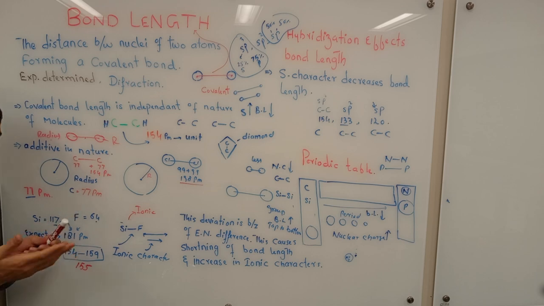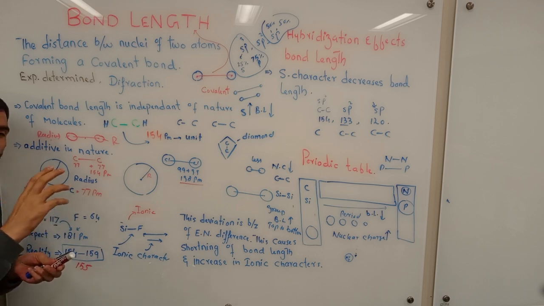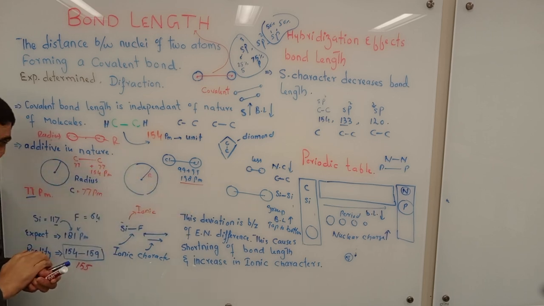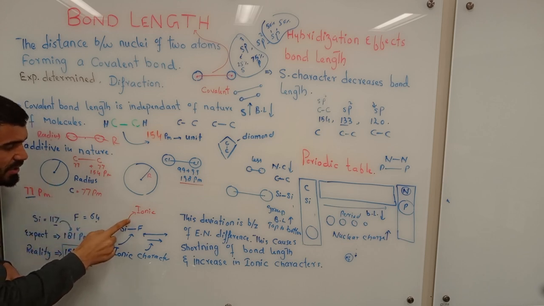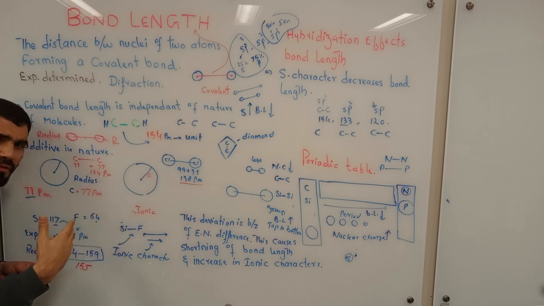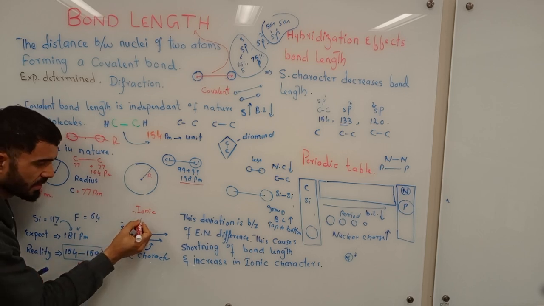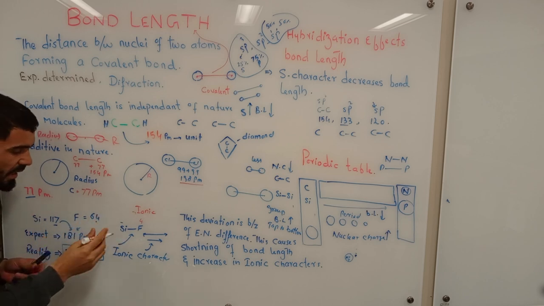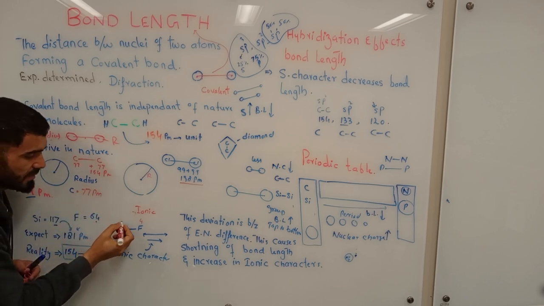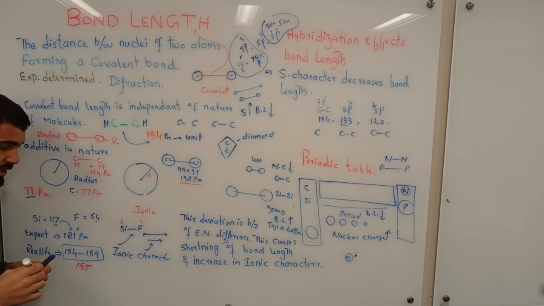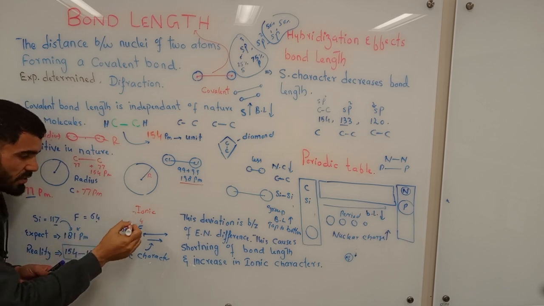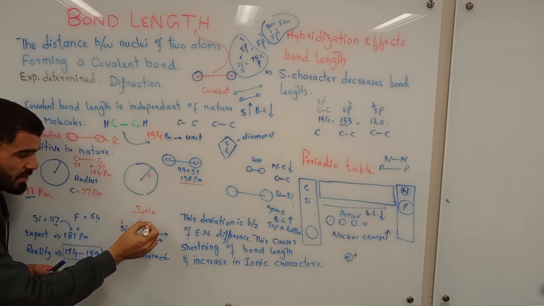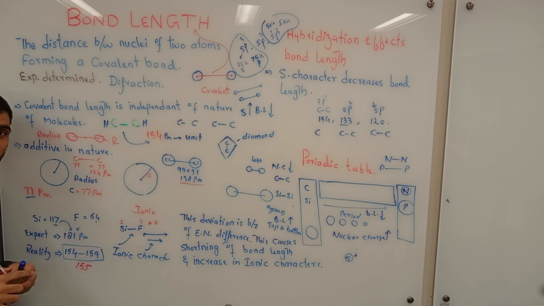The cause of this ionic character is electronegativity difference. In this kind of molecule, the electronegativity difference is very high. Suppose fluorine electronegativity is just 4, and suppose the silicon's electronegativity is 1. So if you subtract 1 from 4, the answer will be 3.